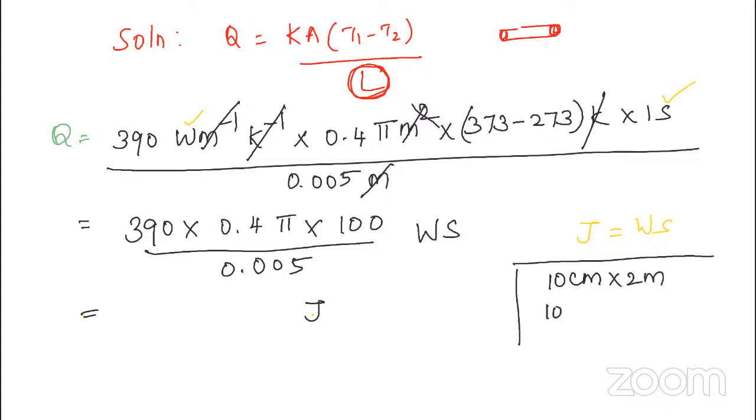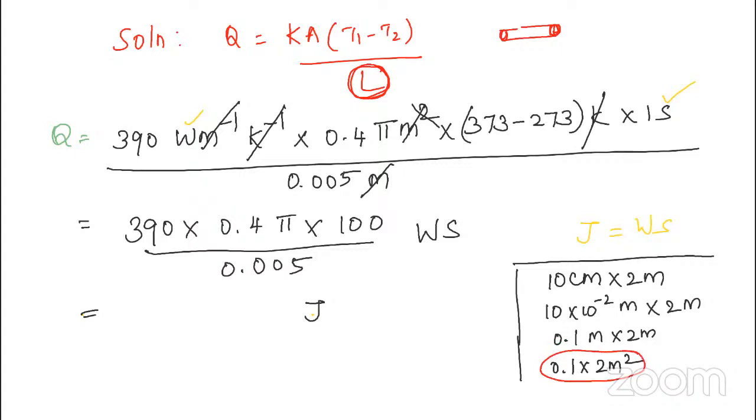So 10 into 10 power of minus 2 meter into 2 meter. 10 power minus 2 is 0.1 meter into 2 meter. For the next step, 0.1 into 2 meter square. So in the answers, we should write the previous step. Okay, is it clear?